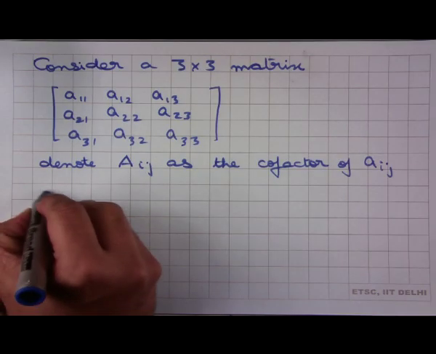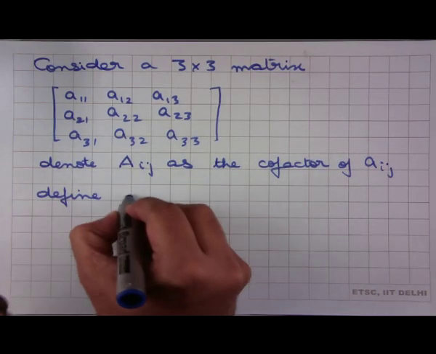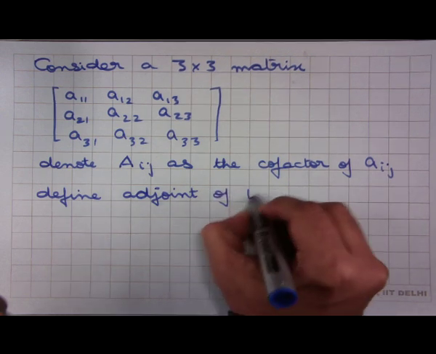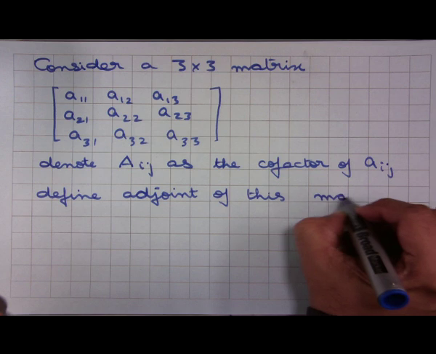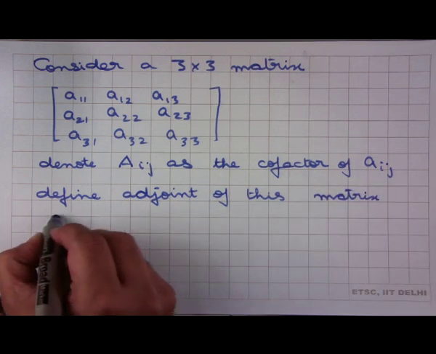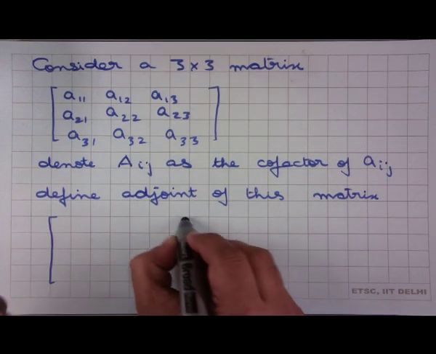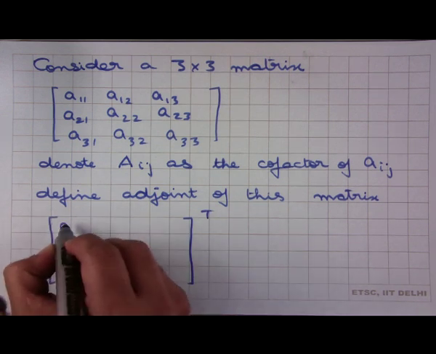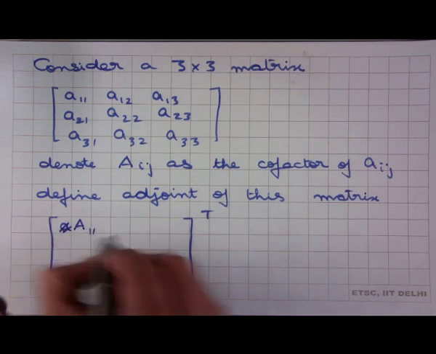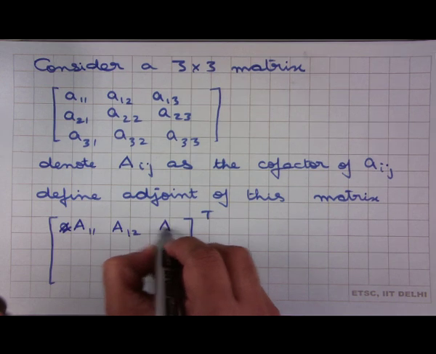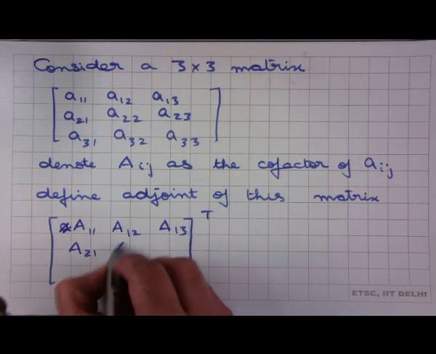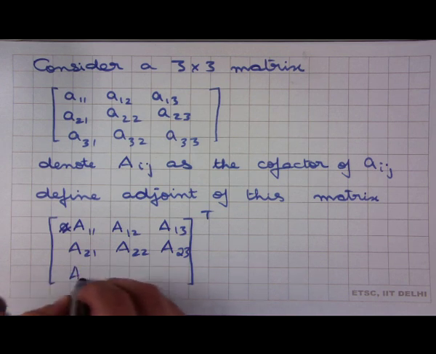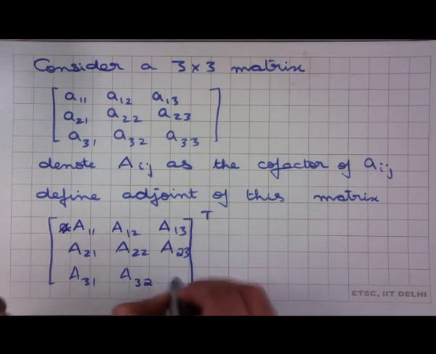We will define the adjoint of this matrix as the transpose of a matrix obtained by replacing each element A with their corresponding cofactors. So, A11, A12, A13, A21, A22, A23, A31, A32, A33.